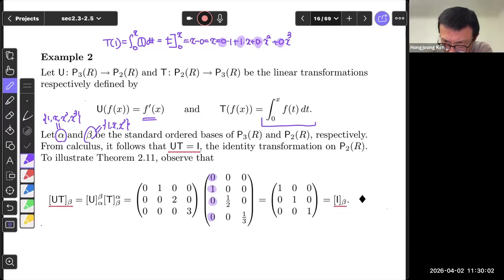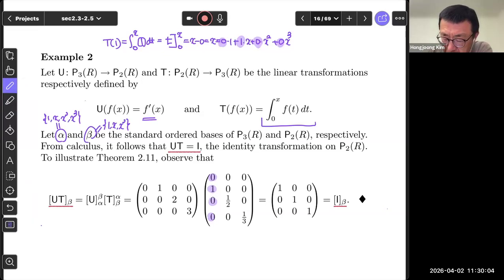And then if I consider T of x, I need to consider the image of x, and the antiderivative of t is 1/2 of t squared. So you get 1/2 of x squared minus 0.